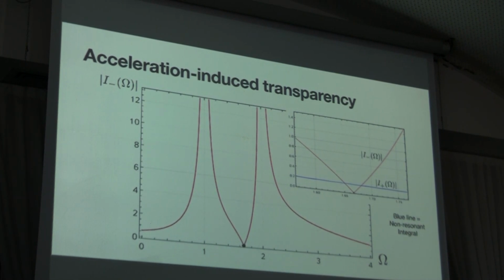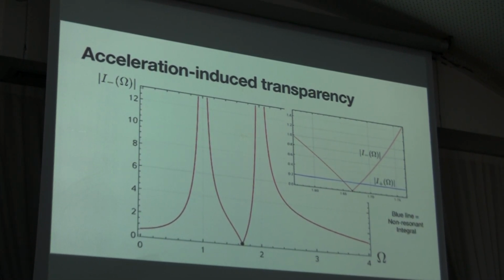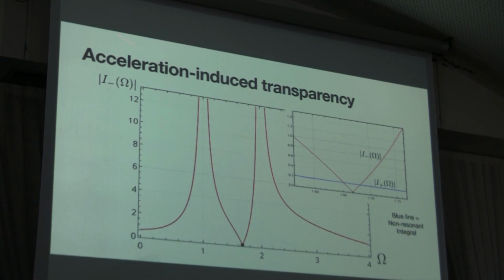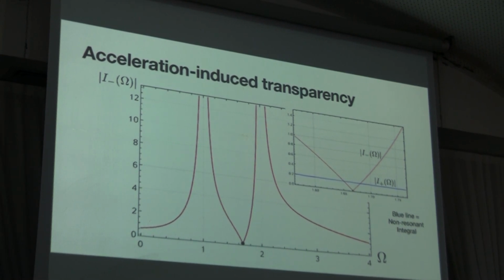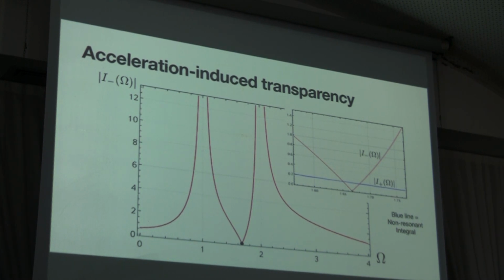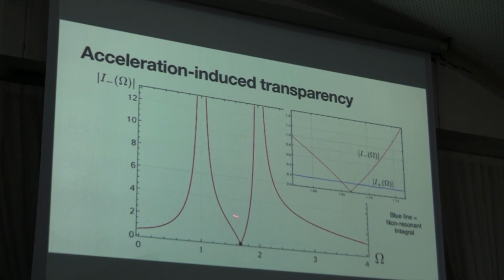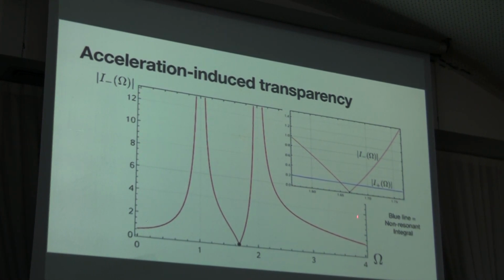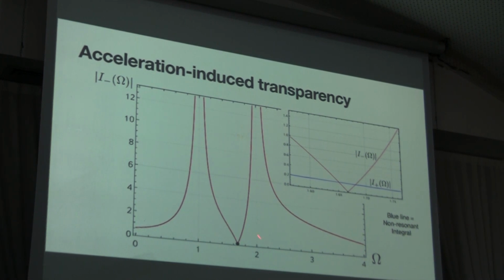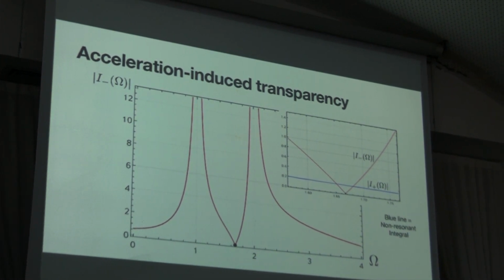And this is the plot that shows this phenomenon. So that's the absolute value of the I minus integral, something like an absorption curve for resonant interactions. You see 2 peaks, 2 resonant peaks, but in between them we get this point where the I minus integral goes exactly to 0. So that's where the resonant terms don't contribute at all.